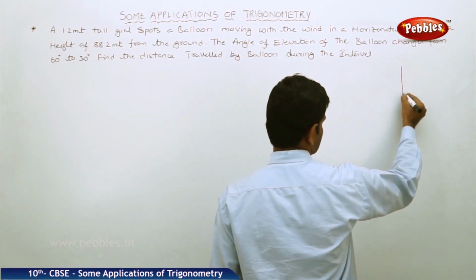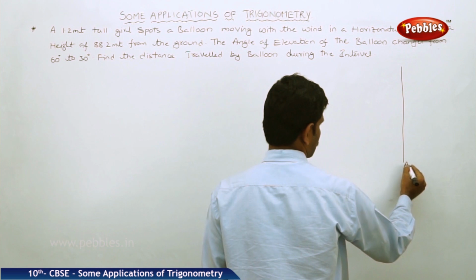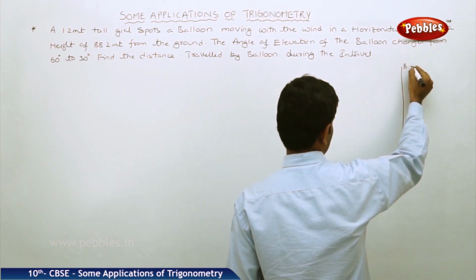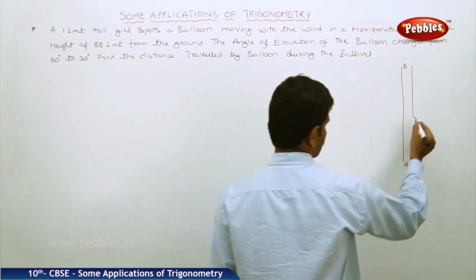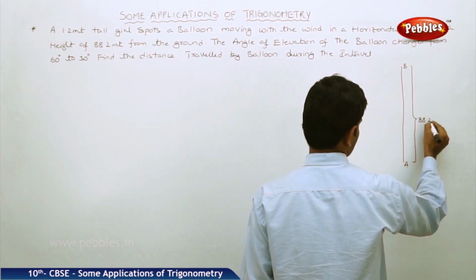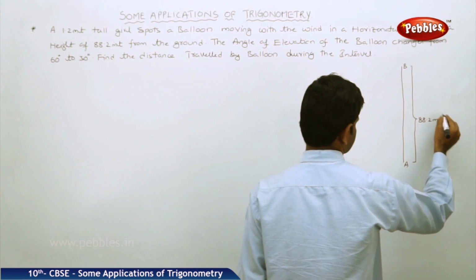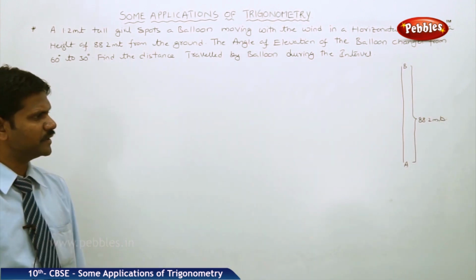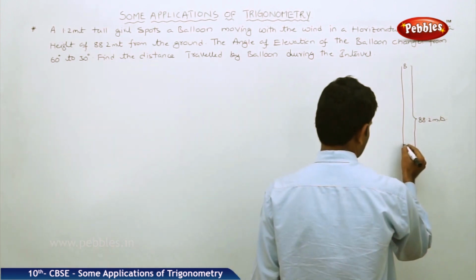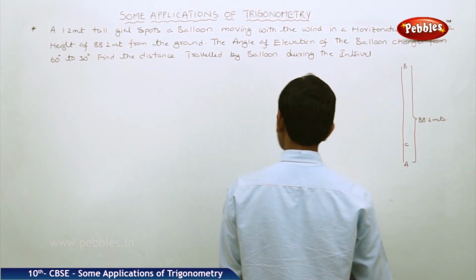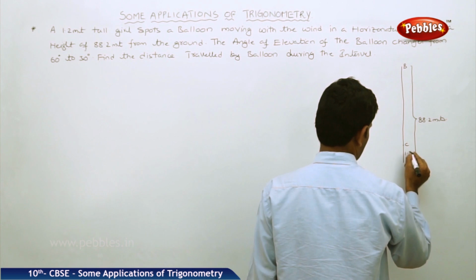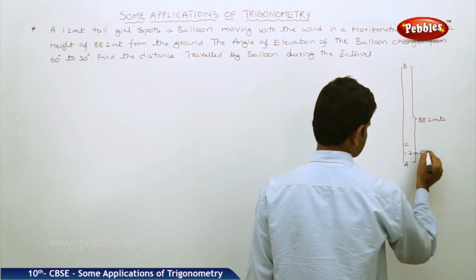Let AB be the height of the balloon flying and AC be the height of the girl, that is 1.2 meters.